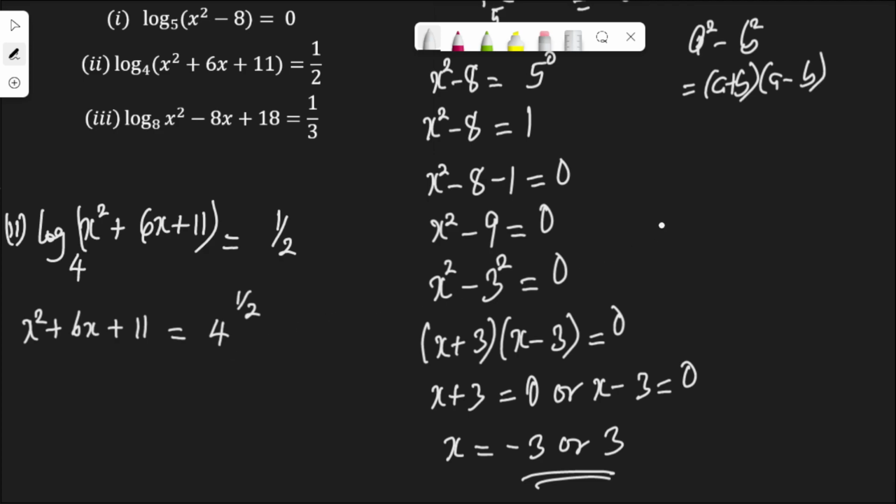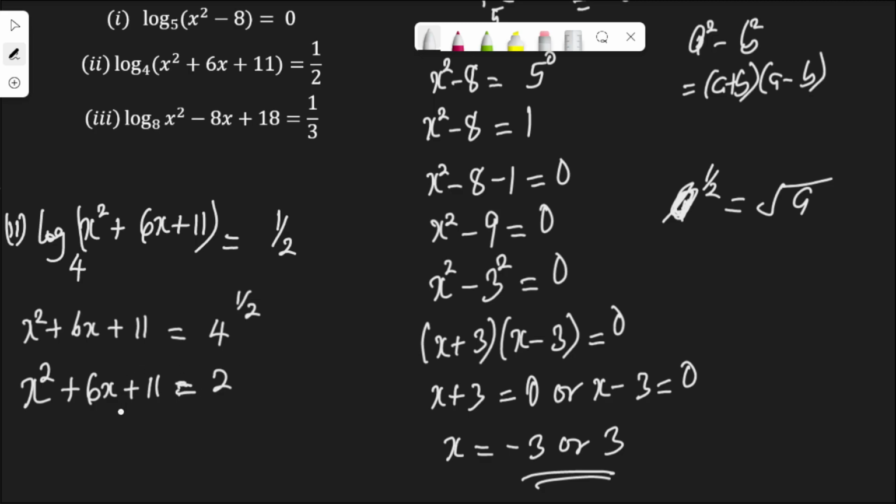And from the law of indices, we know that any number to the power of half, a to the power of half for example, is the square root of a. Square root of 4 is 2. That means x squared plus 6x plus 11 is equal to 2.